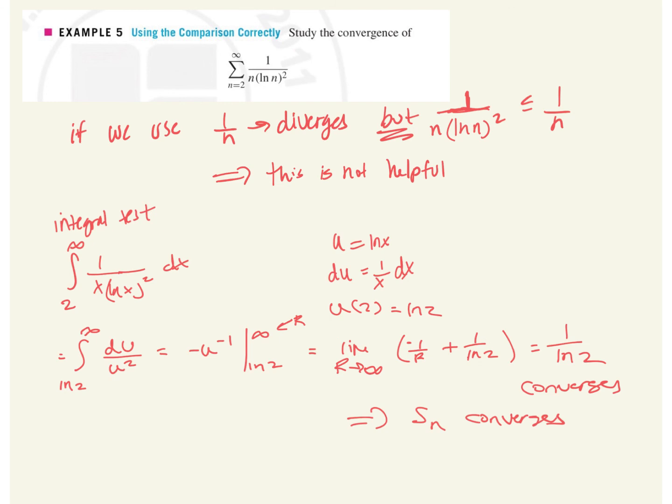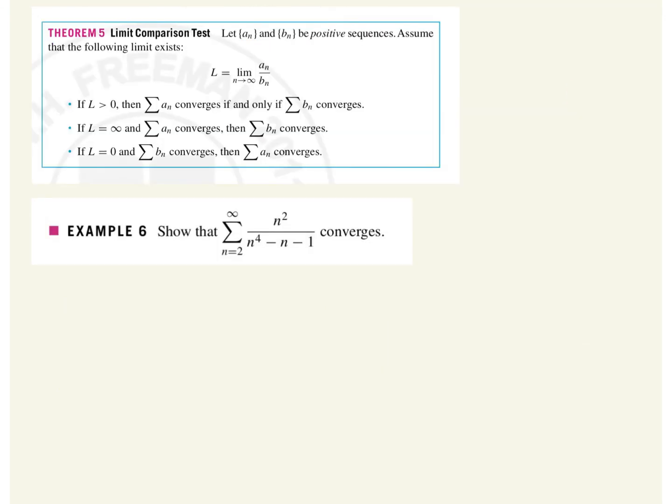All right, so I will make sure that I finish. Theorem 5 is the limit comparison test. So again, we have two sequences, a sub n and b sub n, and they are positive sequences. We can assume the following limit exists: the limit as n approaches infinity of a sub n divided by b sub n.